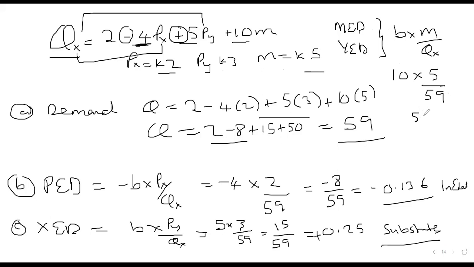So this is 50 over 59, which gives us what? 0.85. So what kind of good is this? On the income, that means it's a necessity, because it's within the range of 1.